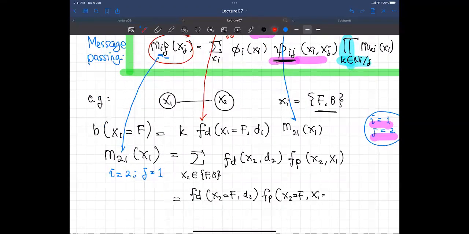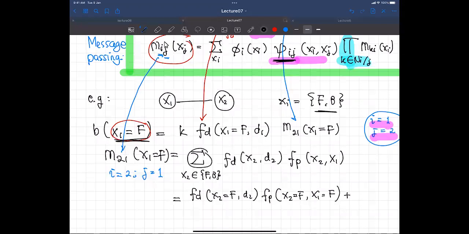Remember that x1 here equals f. We already know, or assume to know, that x1 equals f, because at the beginning we want to know the belief for x1 equals f, which means x1 equals f is given to us.